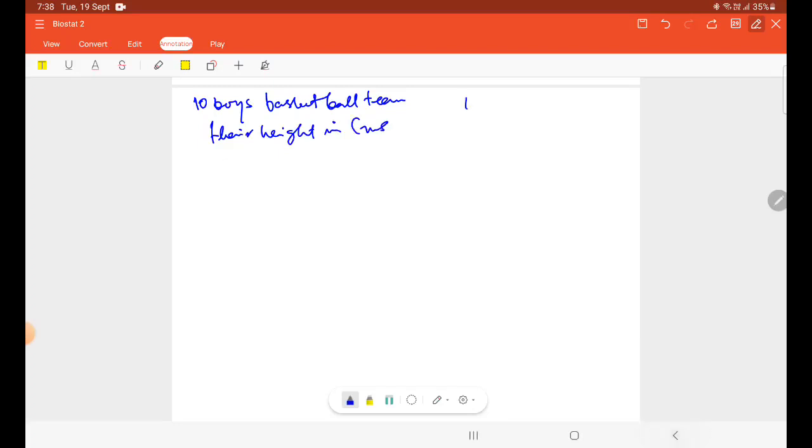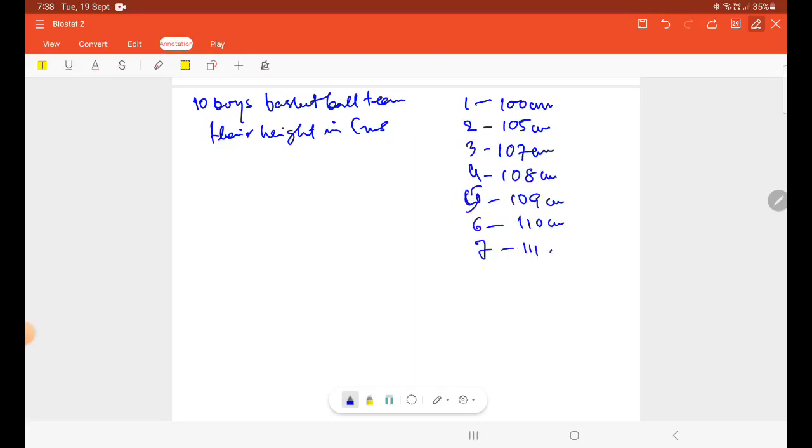So say the first one 100 centimeter, just assume, second 105 centimeter, third 107 centimeter, in ascending order we are putting it, fourth 108 centimeter, fifth one 109 centimeter, sixth one 110 centimeter, seventh one 111 centimeter, eighth one 113 centimeter, ninth one 115 centimeter, 10th one 116 centimeter. In ascending order, this is the height of the boys.